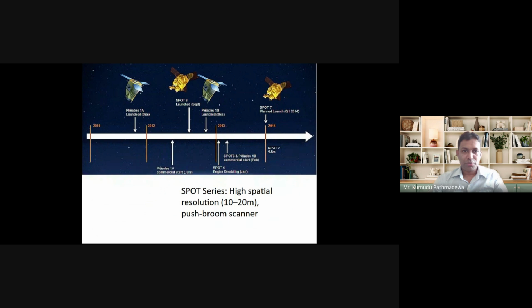And this one is the SPOT series, known for high spatial resolution and push broom scanning method in their satellites. SPOT is also a series of satellites. In 2014, they launched the SPOT 7 satellite also, and it has 1.5 meter ground resolution.